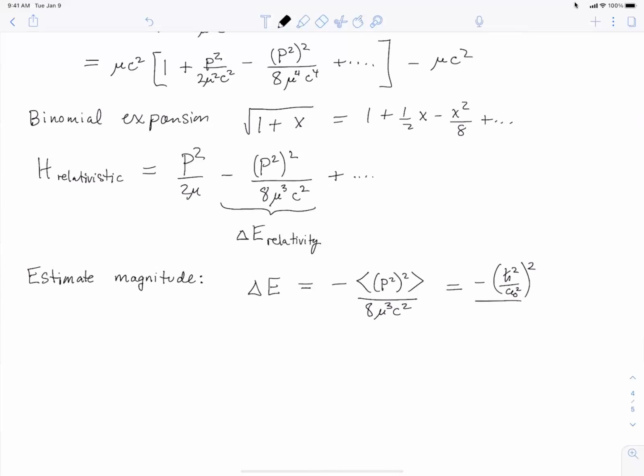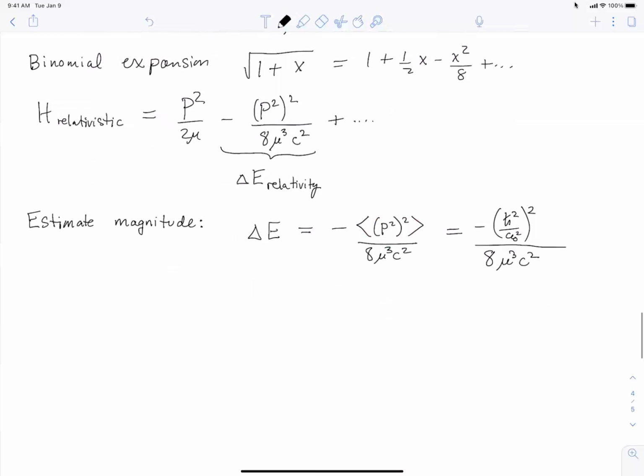Now, technically, that's not quite right because the expectation value of p squared squared is not the same thing as the expectation value of p squared, then squared. But we're just going for an order of magnitude, so we're not worrying about things like that. And that's divided by 8 times the mass cubed over c squared.